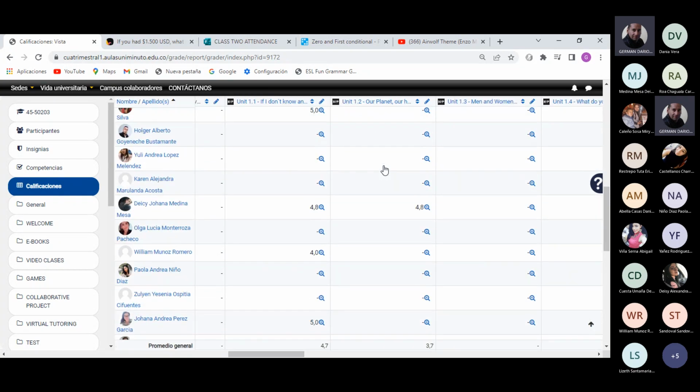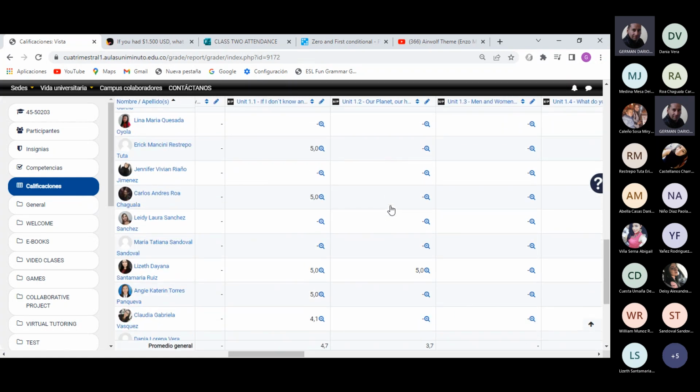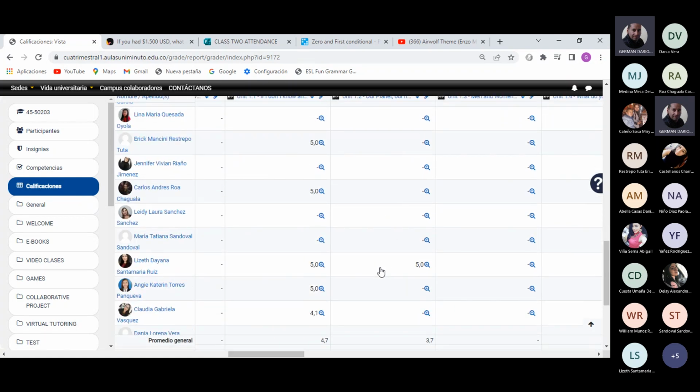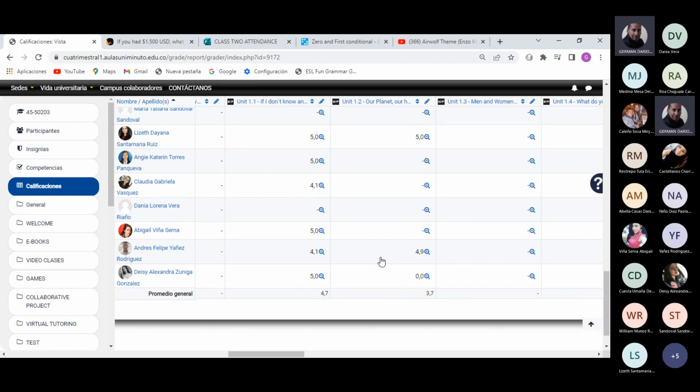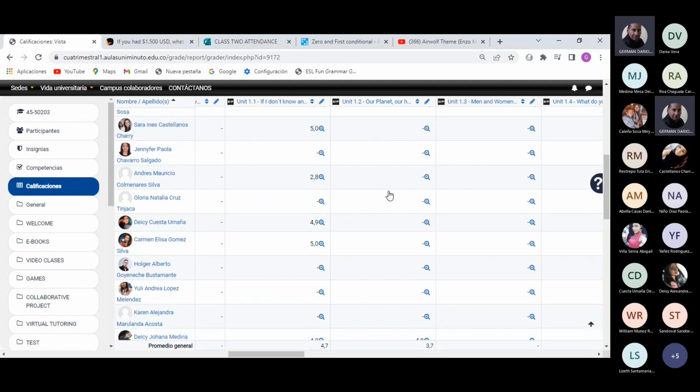For example, in this case, Daisy Joanna has finished the unit 1.2. Ella es la más adelantada, junto con Lisette Santa María and Andrés Felipe Yáñez. But no problem, ustedes lo pueden hacer. Lo que no podemos hacer es quedarnos atrasados, porque recuerden que el corte se acaba en 5 semanas.